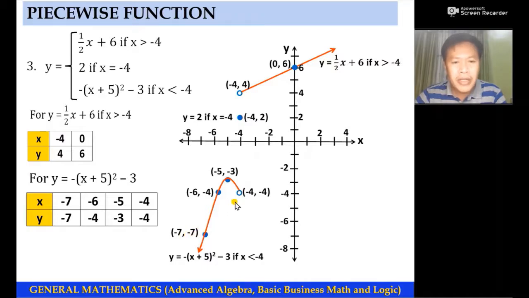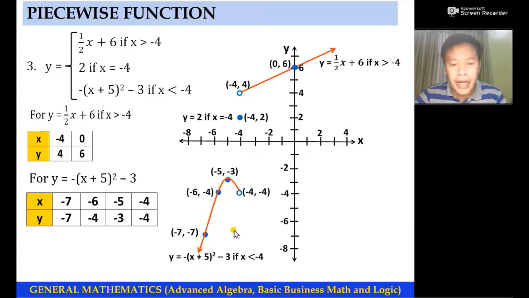Now, take note, from the degree of the function, we can automatically think that this function is a parabola opening downward because this is negative. Therefore, do not connect the points with a line. Connect the points of the quadratic function with a smooth curve, in which this is open circle since -4 is not a part of the value of x.